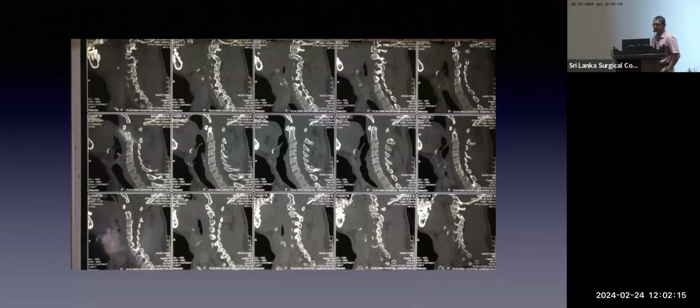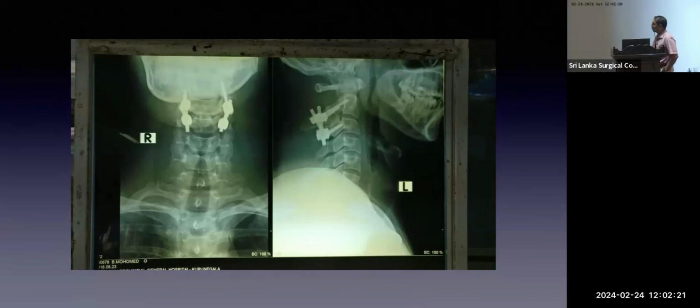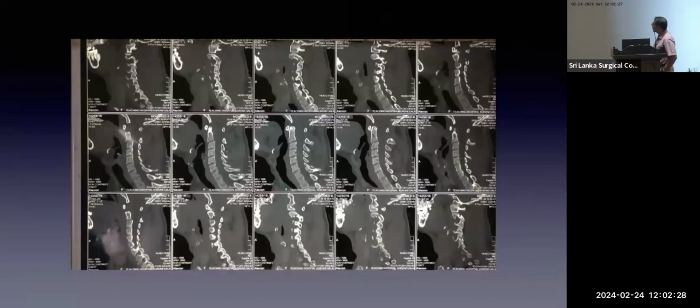So what would you do then? Again, skull caliper? No. In this, since only the tip had gone, this area was available to put the screw, and even in this, we put the screw into the body. Because the beauty of C2 is it has a very big pars or pedicle.